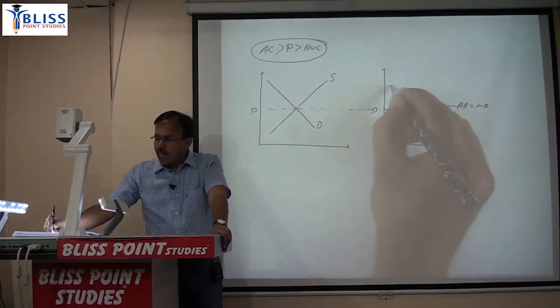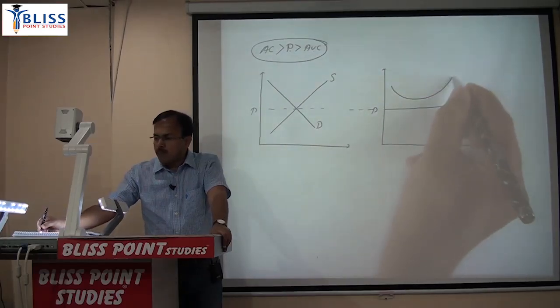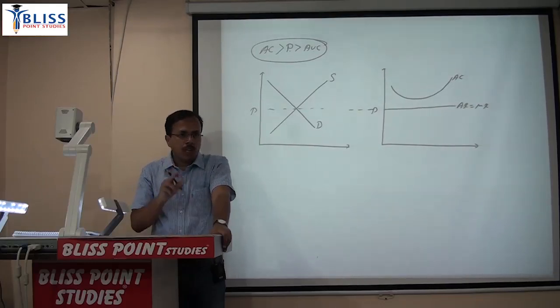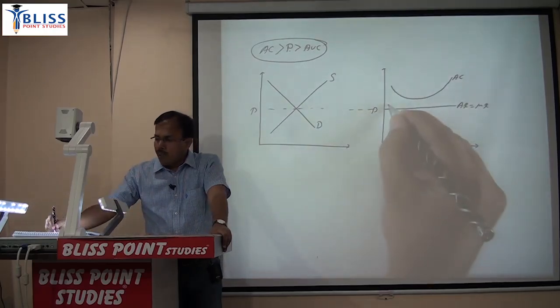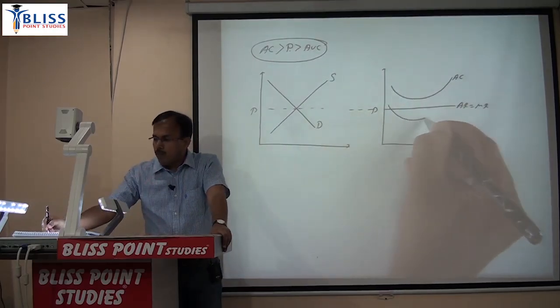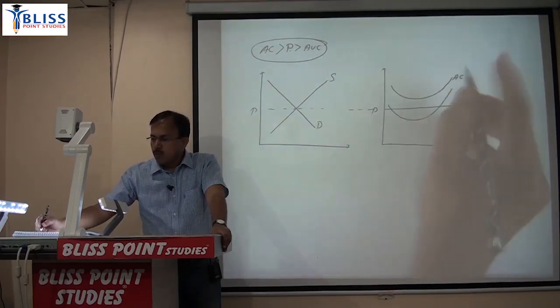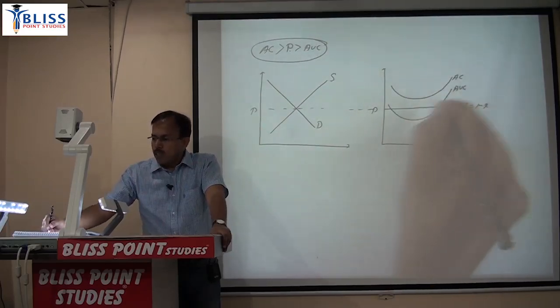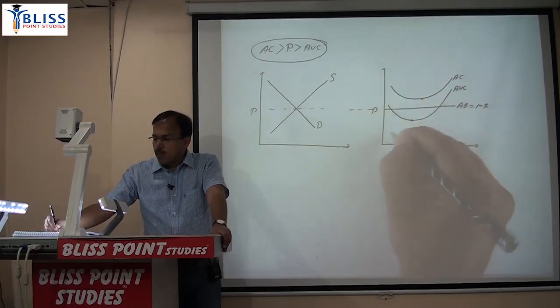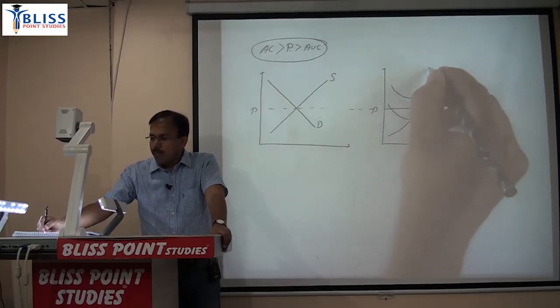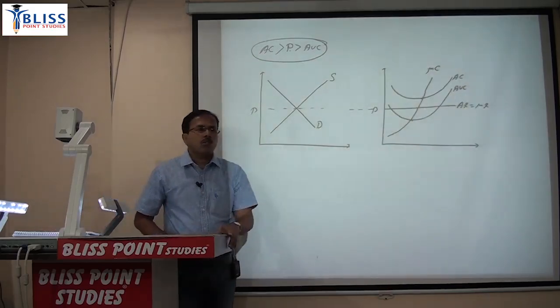You will draw entire average cost curve above, just as you draw total cost curve above. Now average is above, but which must be below? AVC should be below. So that average variable cost will be below and the gap will narrow down between these two. And passing through the minimum of both, what you will draw?